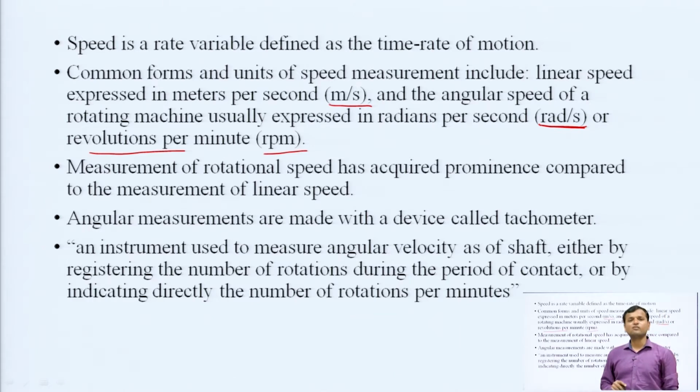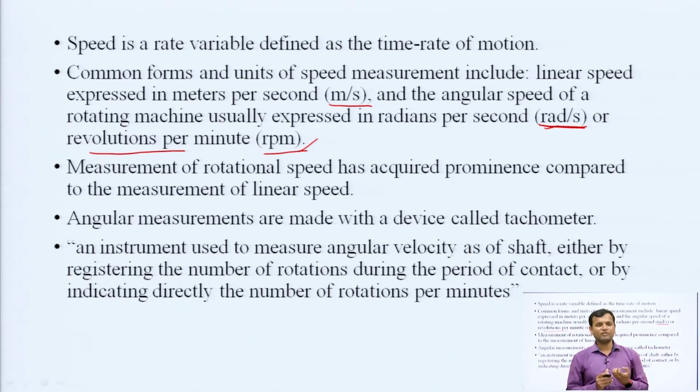So when we measure rotational displacement, we can use radians per second or revolutions per minute. That gives you the rotational motion or rotational speed or displacement, because the displacement is proportional to the speed, and the measurement of rotational speed has acquired prominence compared to the measurement of linear speed.